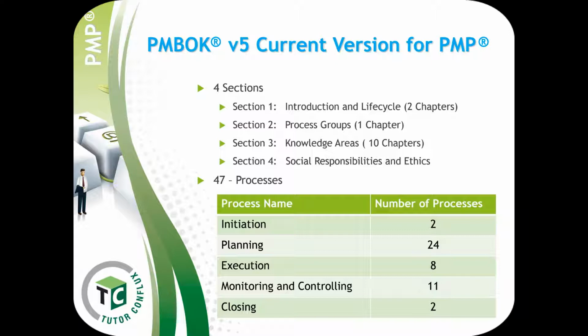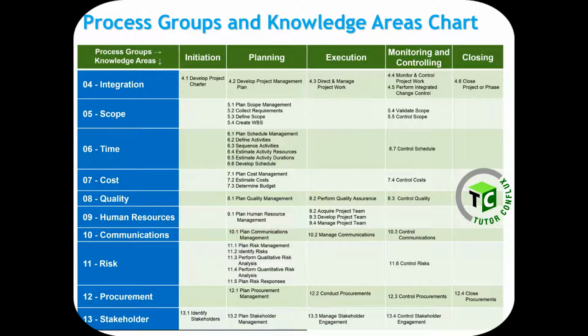There are 2 processes in initiation, 24 in planning, 8 in execution, 11 in monitoring and controlling, and 2 in closing. There are 47 processes, and this will be your subject matter for the examination. All of these processes have inputs, those inputs are processed using tools and techniques, and they have specific outputs.